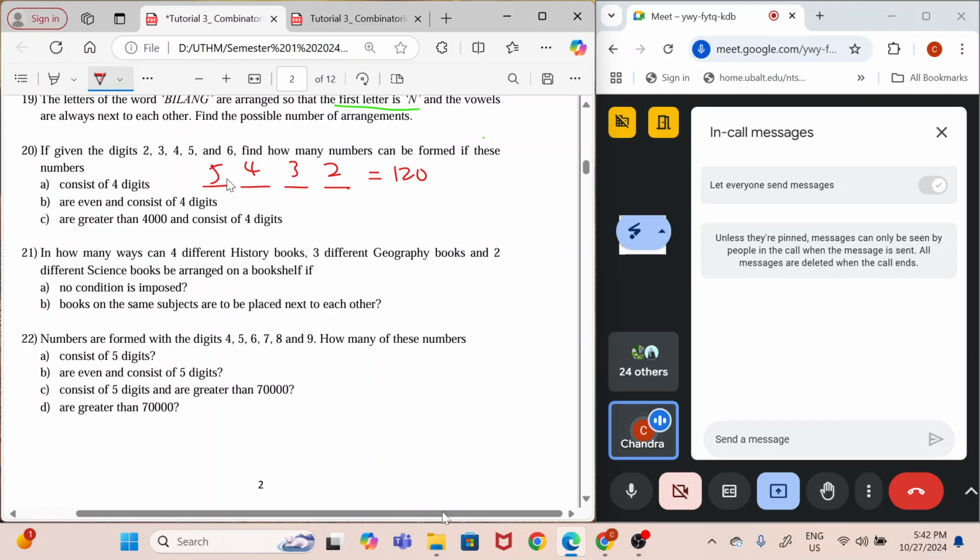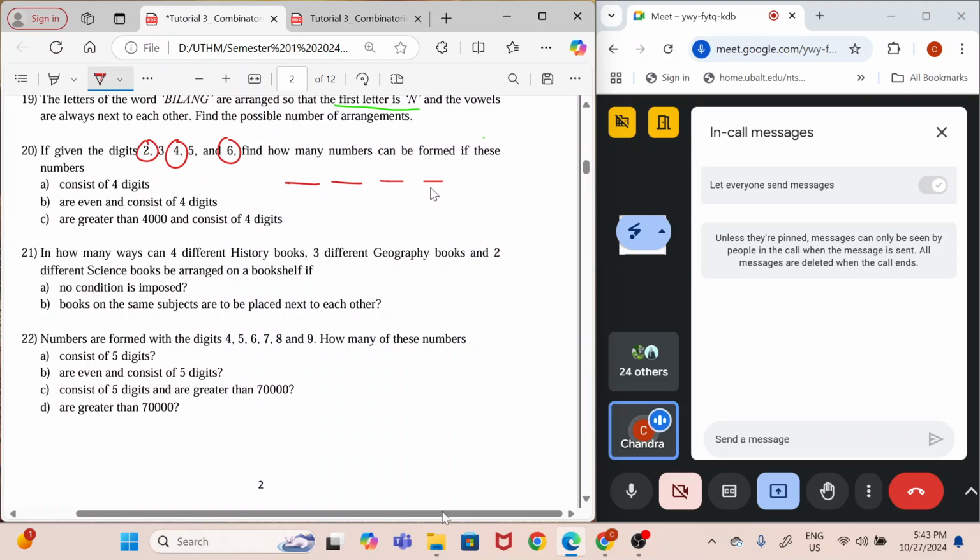Now for B here, even and consists of 4 digits. Even is what? 2, 4, 6. Okay. So as I told you in the class, we are going to find 4 digits, and the last digit must be even.